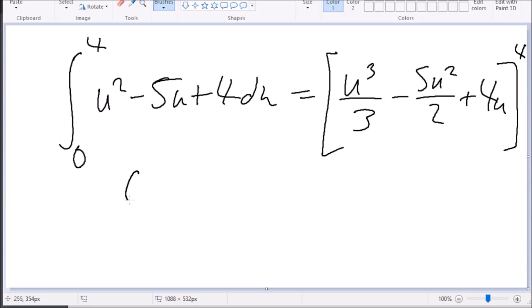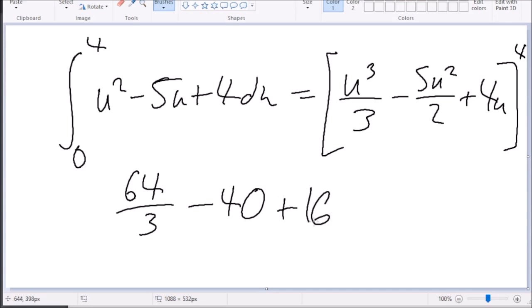Well, 4 cubed is equal to 64 over 3. Then 5 times 16 divided by 2, that's 5 times 8. That's 40. And then plus 16. I like to leave my answer in this form.